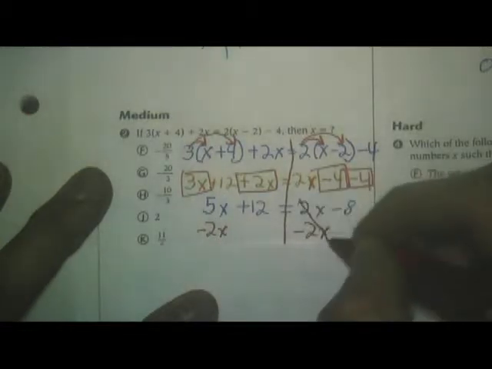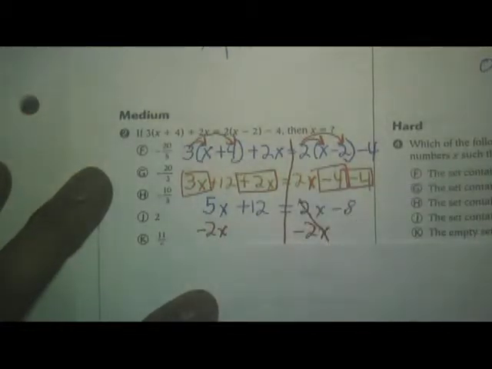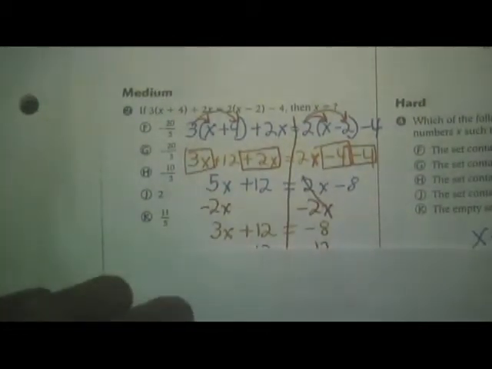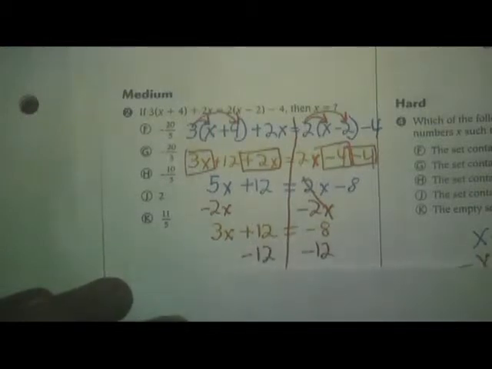Then I have to get all of the terms with variables on the left side, so I subtract 2x from each side of the equation, giving me 3x plus 12 equals negative 8. Now I need to get all of my terms without variables on the right hand side.